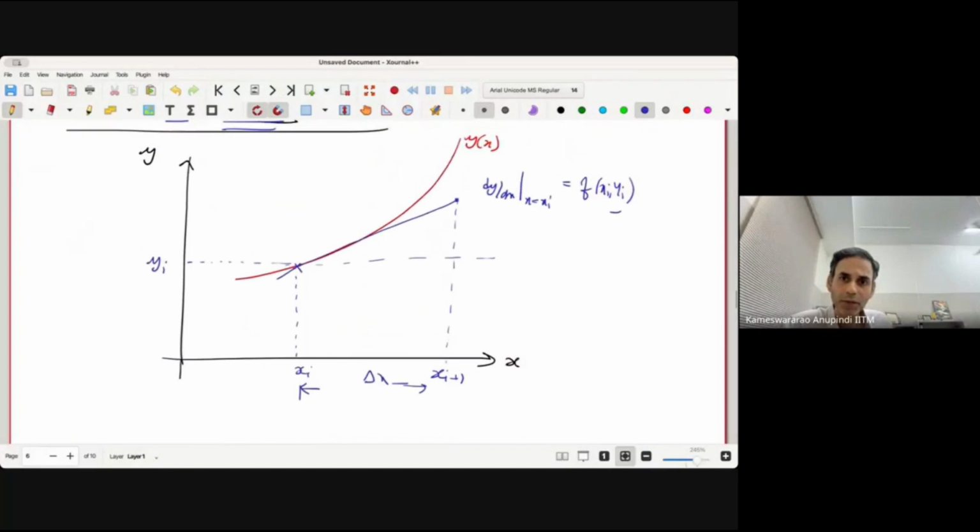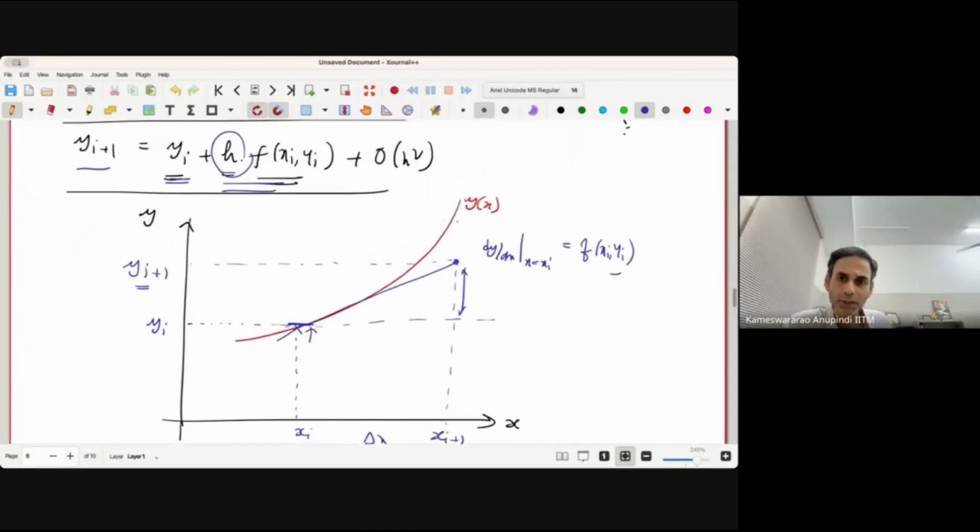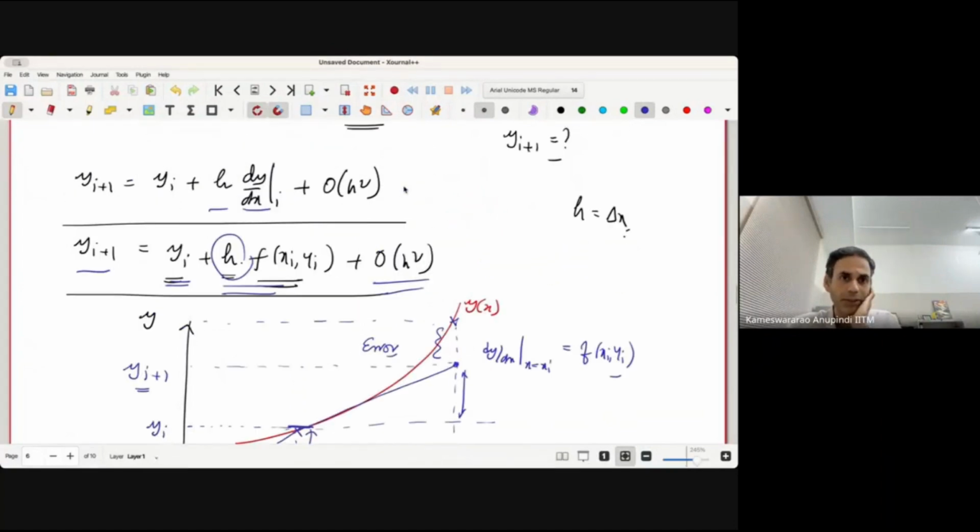So that value is your yi plus 1. Basically yi till here plus h times the slope is this height. Those two together are your yi plus 1. As you can see, this is different from the actual yi plus 1, which is somewhere here. That is the error we are making in this scheme, which is order h square. So that is Euler's explicit method.